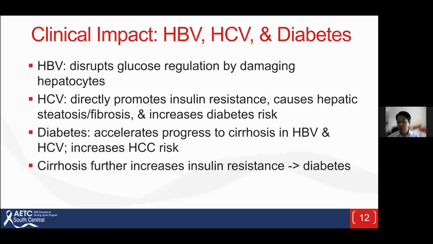You'll know that patients with hepatitis C do have this increased diabetes risk, sometimes a 20 to 30% increase, so a lot of times you'll see this in conjunction with hepatitis C. We already talked about how diabetes accelerates progression to cirrhosis, both in hepatitis B and hepatitis C. Diabetes alone also increases hepatocellular carcinoma risk. And then cirrhosis further increases insulin resistance, which then leads to more diabetes. Again, this vicious cycle.